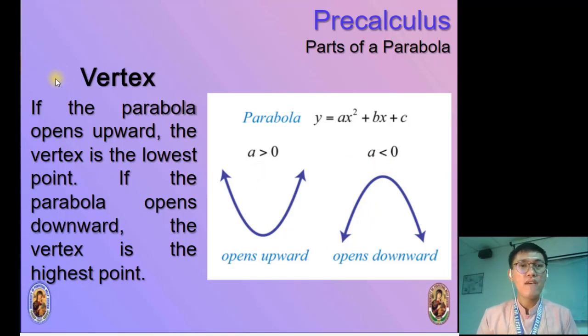Alright, the vertex definition. If the parabola opens upward, the vertex is the lowest point. Take note of that. But if the parabola opens downward, then the vertex is the highest point.